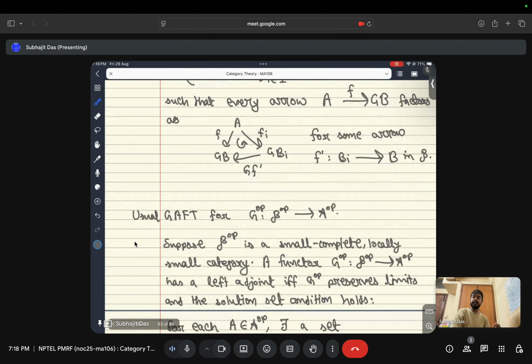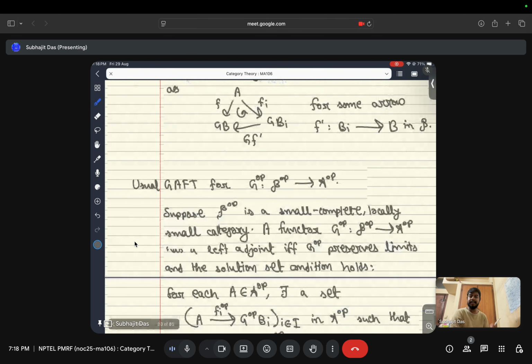So this is just the same statement but written for the functor G op now, from B op to A op. And now if you look at the original categories B and A and the functor G, what does this statement translate to?